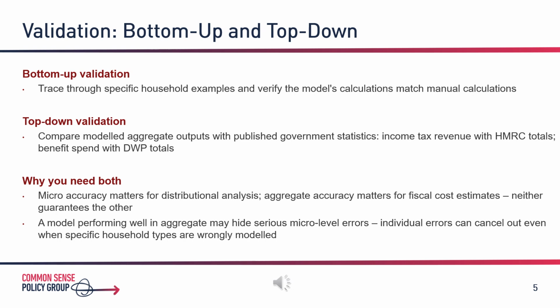For distributional analysis, which depends on getting the relative positions of different household types right, micro-accuracy is critical. For fiscal costing, which depends on getting population-level totals right, aggregate accuracy is what matters. Both are needed for credible policy analysis.